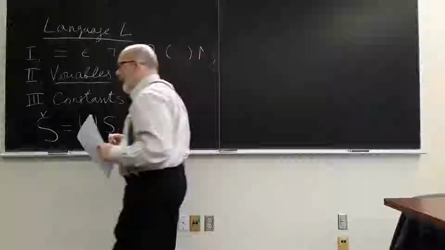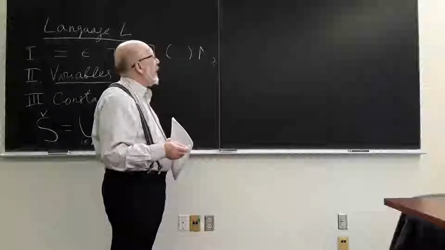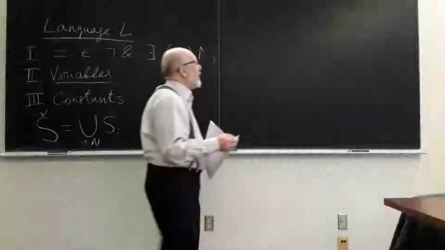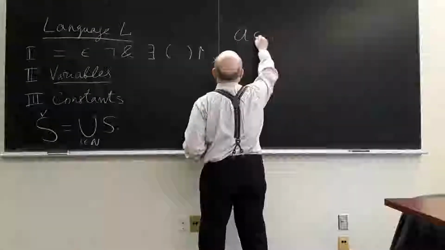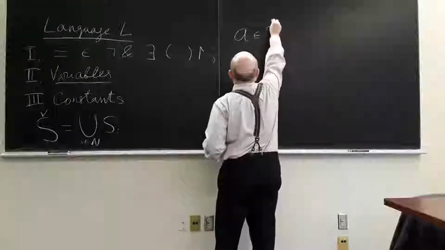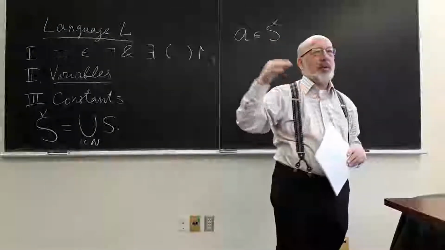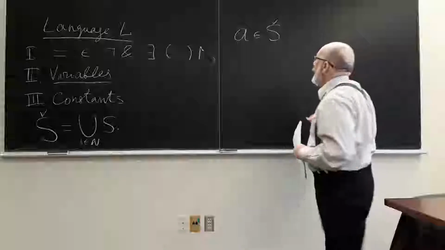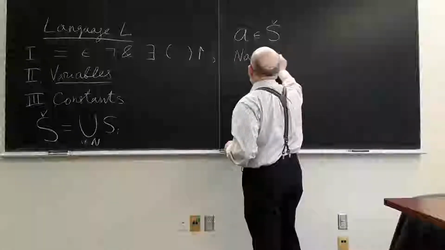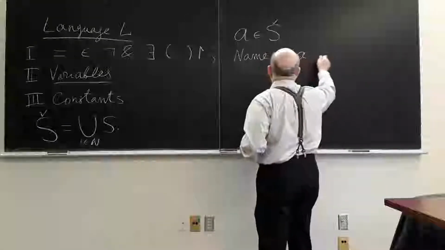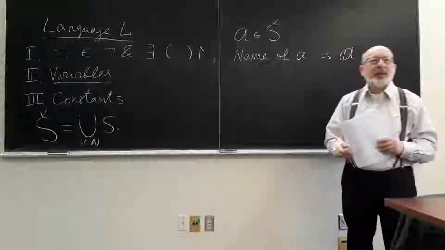And to do it when it is necessary, I will use the following notation. If we have object, say, A, element of S, or a set of sets, and so on, the name of A is like this.